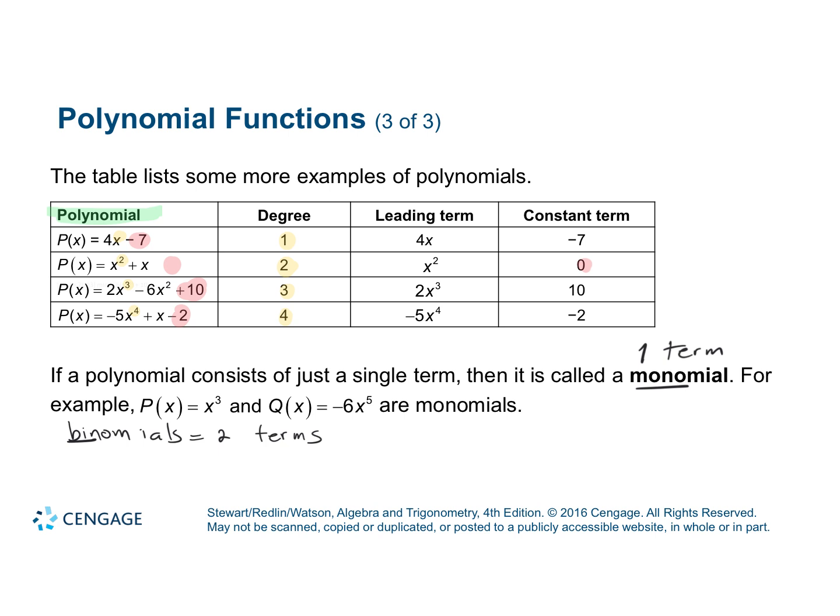Bi means two. Trinomial means three terms, and again, tri means three. And then you have polynomials, which is the term we use when it's 4 or more terms.